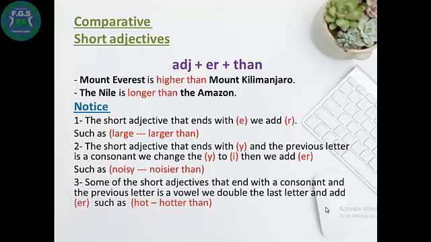Number 3, some of the short adjectives that end with a consonant and the previous letter is a vowel, we double the last letter and add er, such as hot. We double the t, it becomes hotter than.